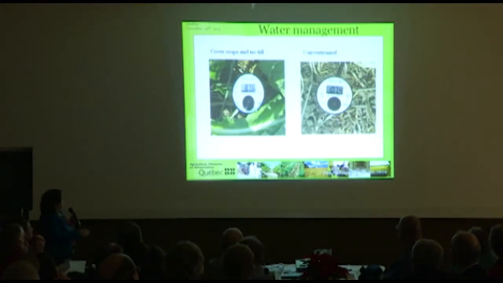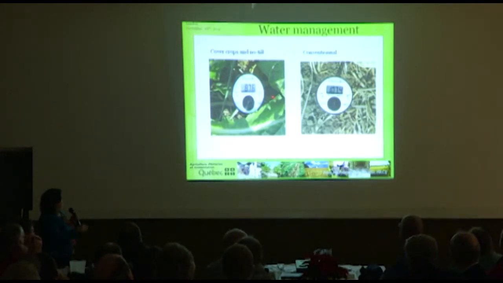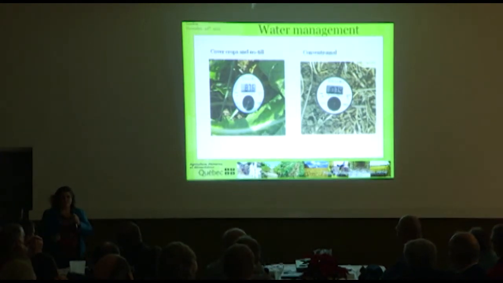So one thing that is very interesting is that when you have cover crops, and I saw that last year when I was in the States, you have 87 degrees here, you have 107, and it's two fields right next to each other. So the soil temperature is a lot higher, so the evaporation is a lot higher also.